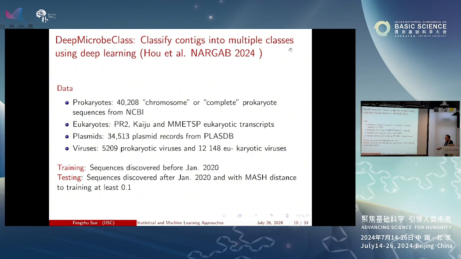Then we test the model with the data after 2020. In particular, we also restrict the testing data to not be too close to the training data so that there is no information leakage.